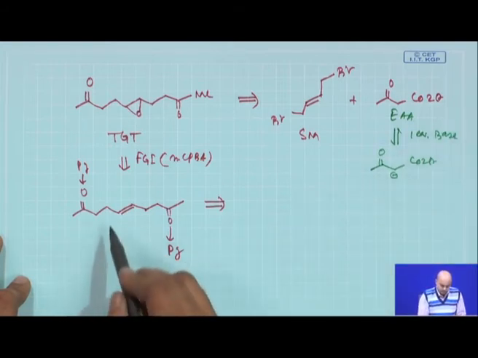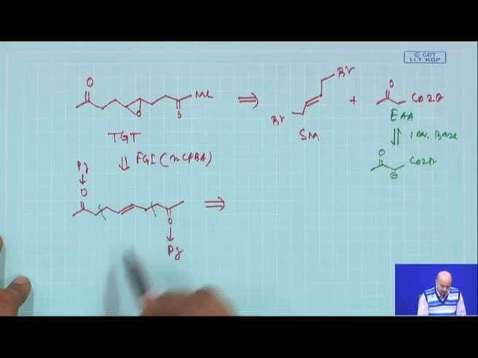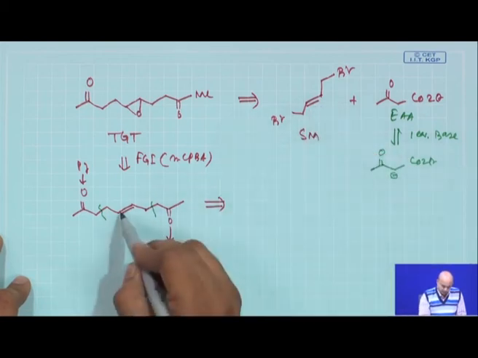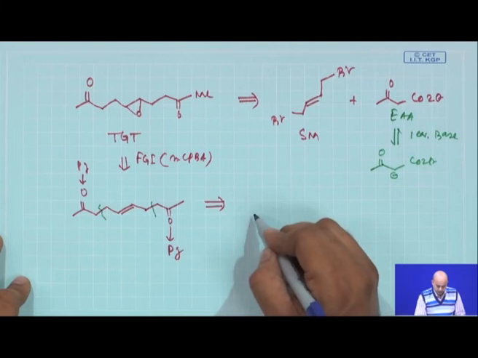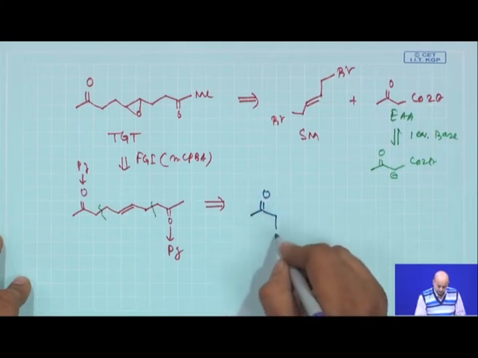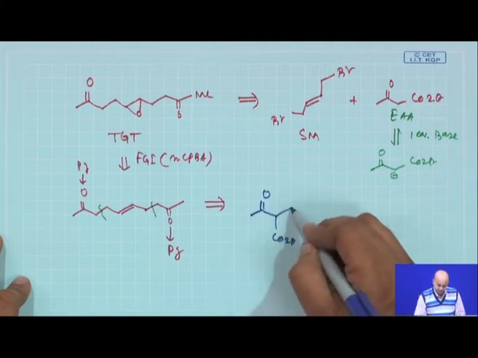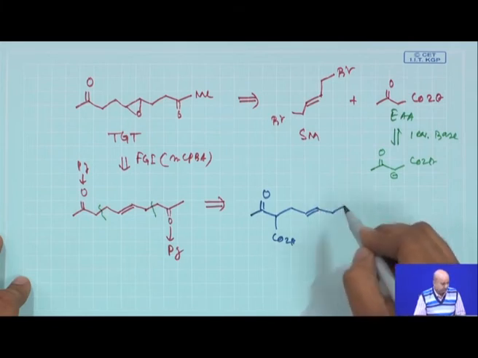Now, we will formulate that this part and this part are your starting material, the double bond CH2X CH2X. So, what we are visualizing is that we put this CO2 ET here and then we do this connection.